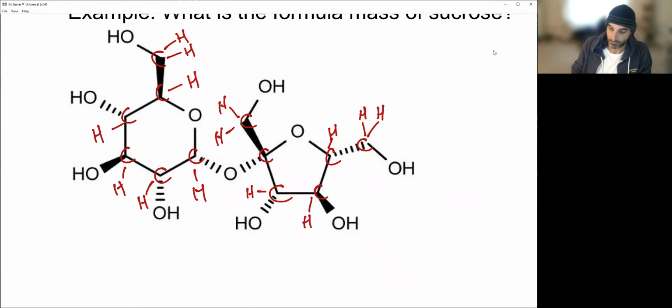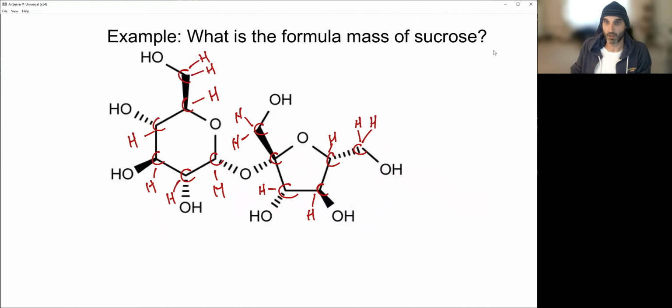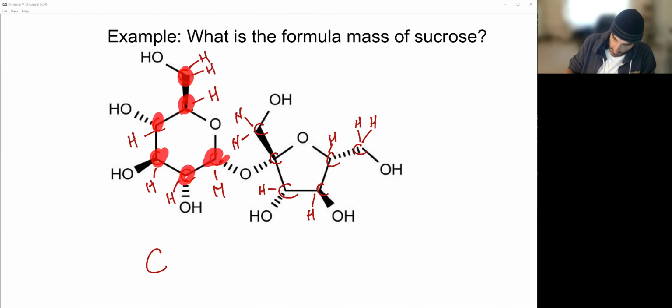Now I want you to count everything out and tell me what you have in terms of total carbons, hydrogens, and anything else. So how many carbons do we have? We're going to count through them: 1, 2, 3, 4, 5, 6, 7, 8, 9, 10, 11, 12. I have 12 carbons.